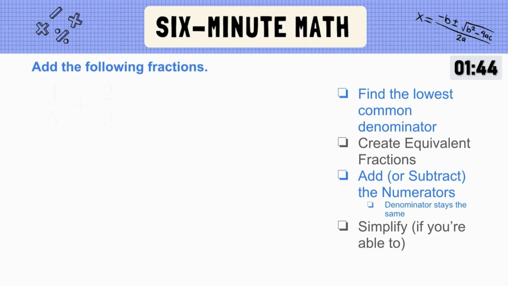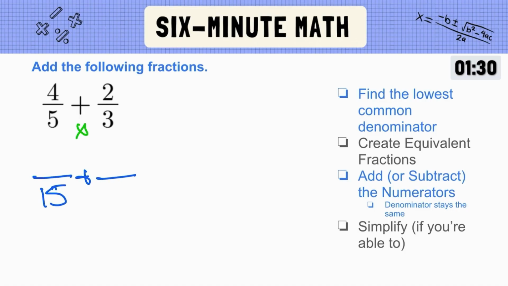We're going to add these following fractions together: 4/5 plus 2/3. Now in this case, I'm going to multiply my two denominators together to create equivalent fractions with denominators of 15.